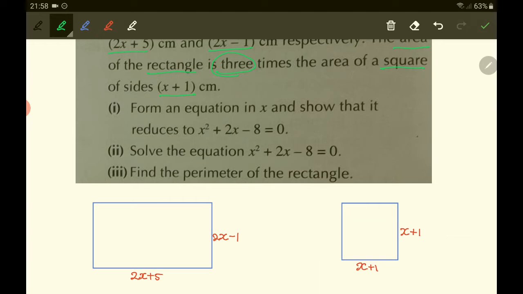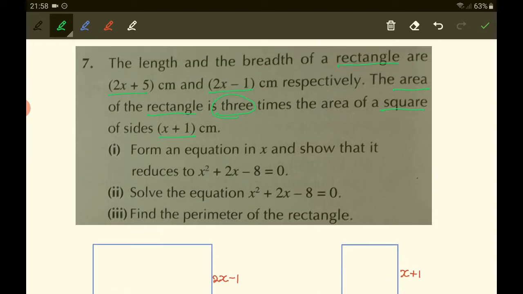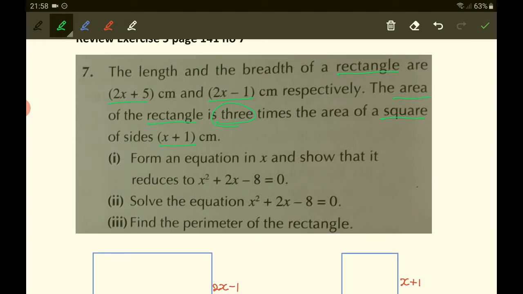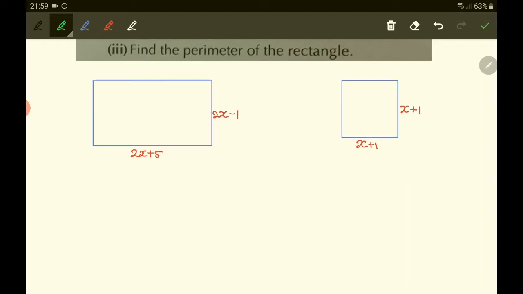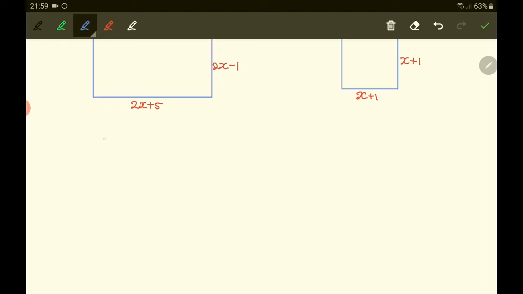So how can we get the equation? First we refer to the information here: the area of the rectangle is 3 times the area of the square. So here we can write the area of rectangle is equal to 3 times the area of square.